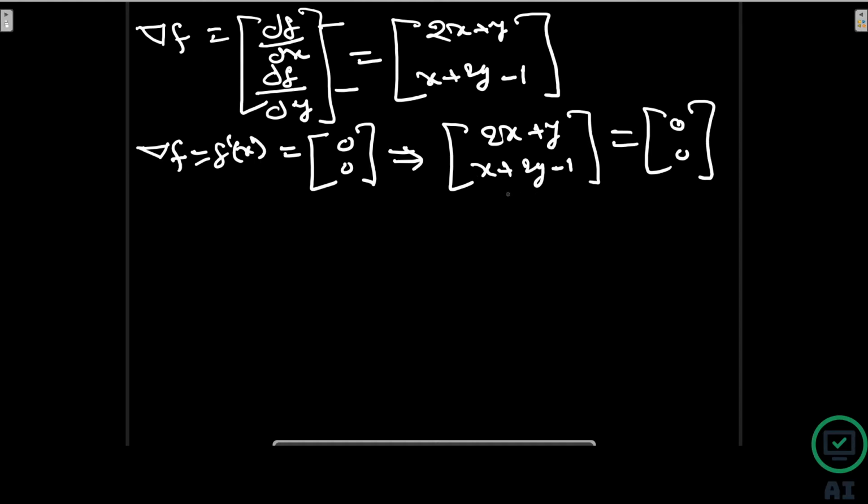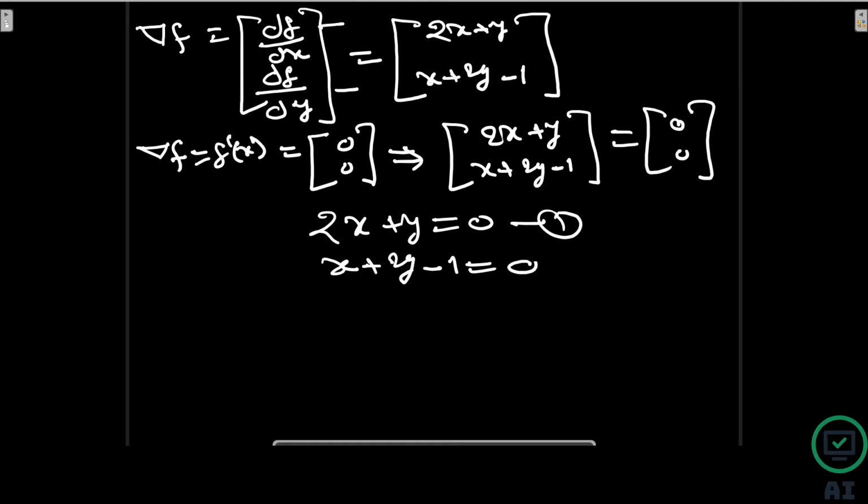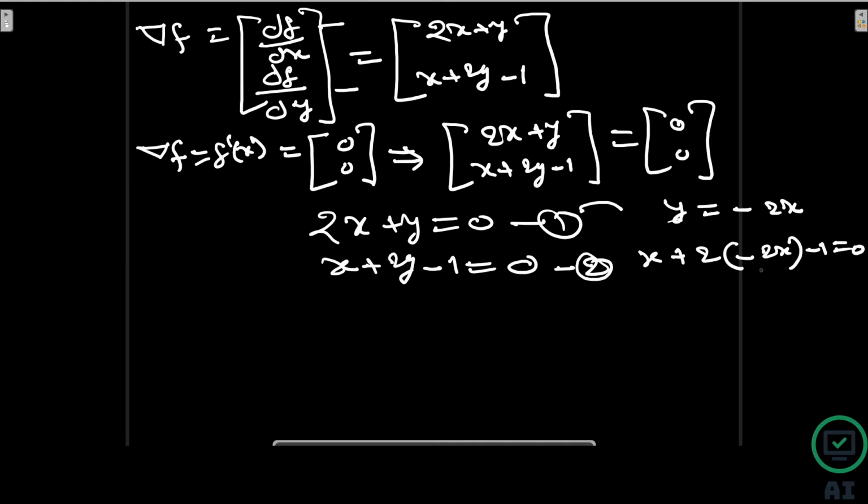When you solve this, you will get two equations: 2x plus y equal to 0, this is one equation, and x plus 2y minus 1 equal to 0, this is the second equation. From the first equation, y equals minus 2x, and if you put this here, x plus 2 times minus 2x minus 1 equal to 0.